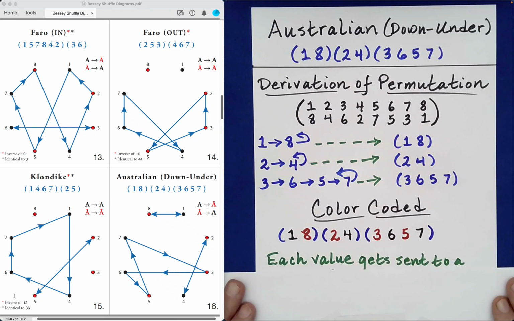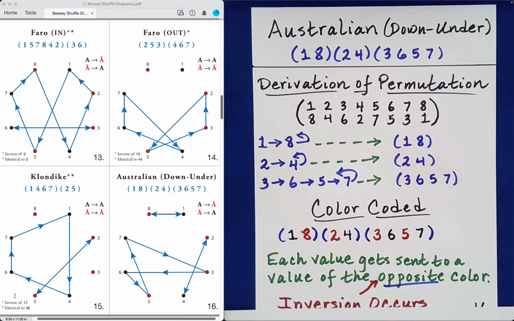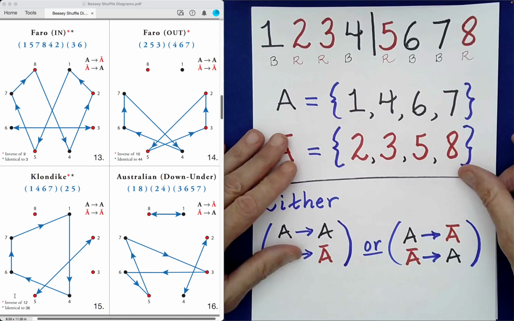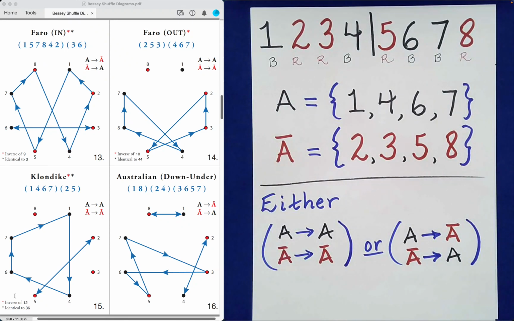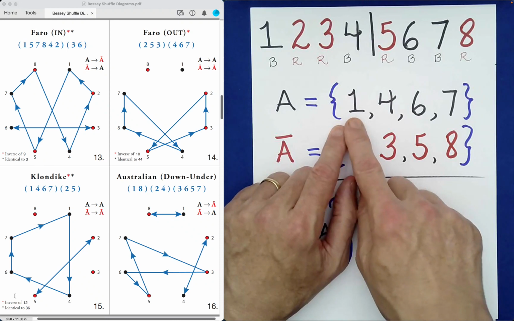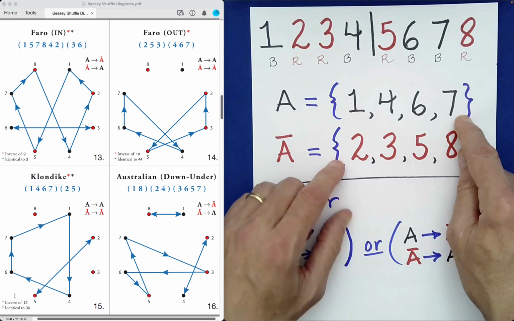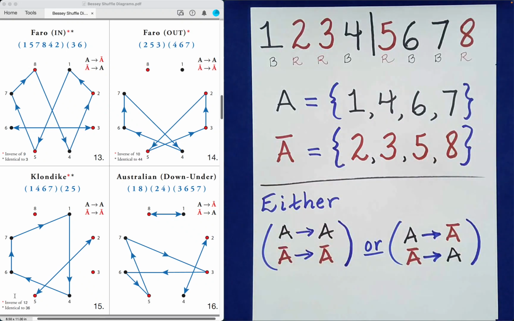So we can see here that each value gets sent to a value of the opposite color. And because of that, inversion has indeed occurred. So once again, inversion occurs if the cards originally in positions 1, 4, 6, 7 get moved to positions 2, 3, 5, 8 in some assignment, and vice versa.